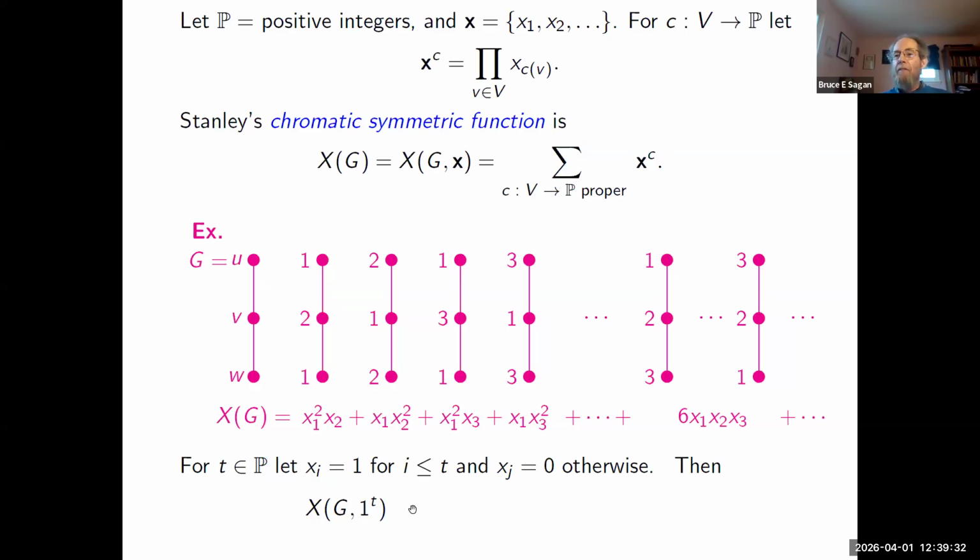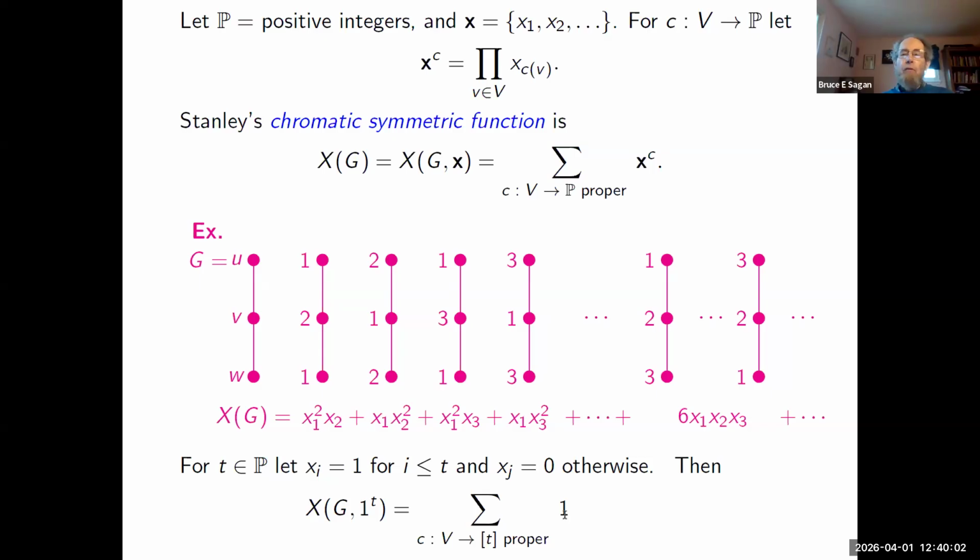Any term that involves an x sub j with j bigger than t is going to die because it's got a 0 factor. So what are the only ones that are left? The only ones that are left are going to be the ones that only use x sub 1 up through x sub t. But those correspond to colorings of G. We're just using the numbers 1 through t. And if all of the variables are equal to 1, well, their product is equal to 1.